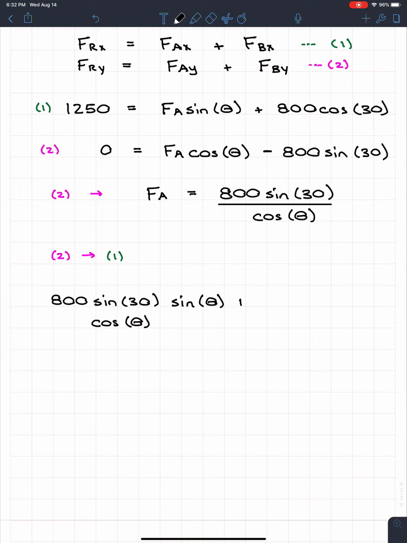So then we go plus 800 times cosine of 30. And we know that all of this is equal to 1250. So what's nice about this equation is we only have one unknown now. And I'm just going to put the divided sign right here.